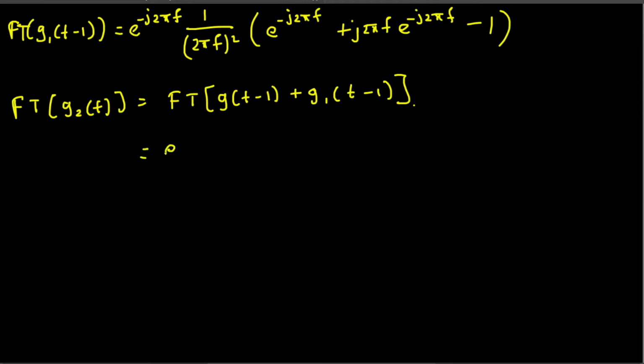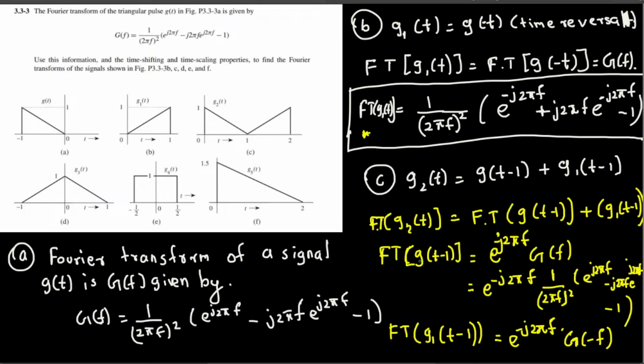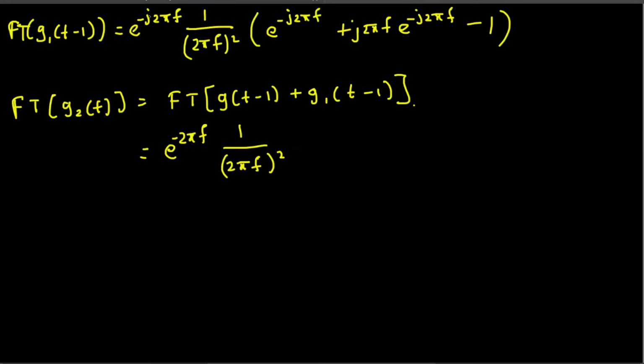Initially we had e^(−j2πf) and 1 over (2πf) squared. This value is common for both of them. If you notice, g(t−1) has the first two values, and g1(t−1) also has the first two values the same. So we can take them common to simplify the writing.